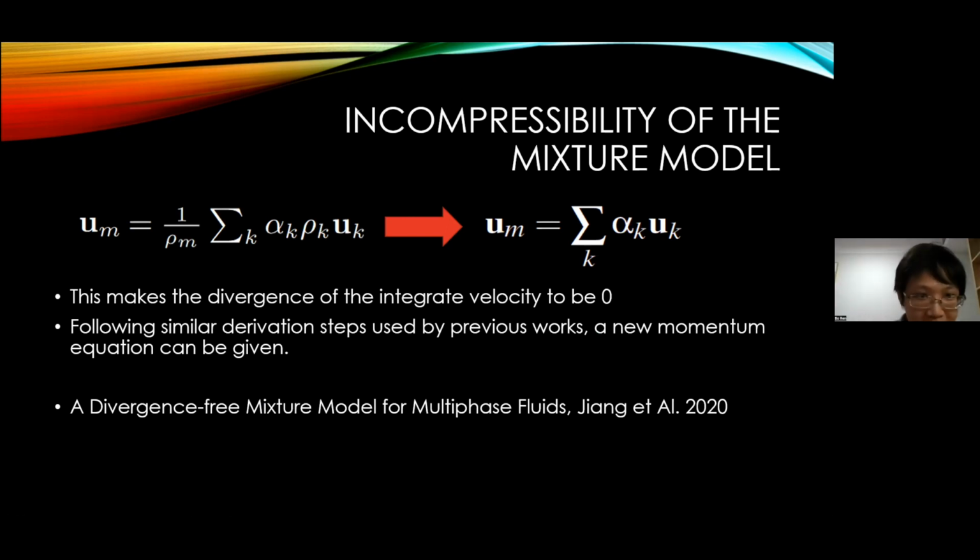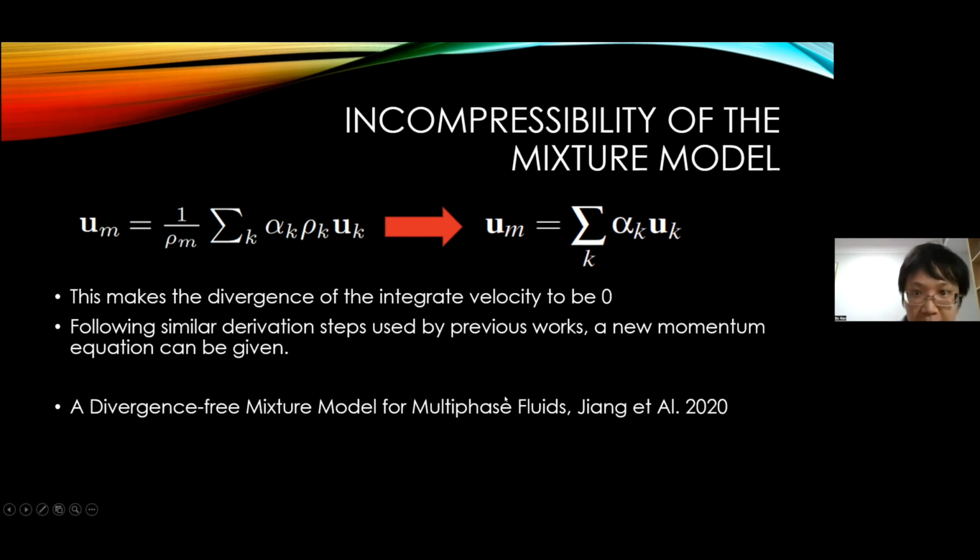That seems like very good news, because we can use previous single phase methods again, such as ISPH or FSPH, etc. During the process, we need to follow similar derivation steps used by the previous definition, and derive a new momentum equation and new continuity equation. But this step is not very hard.